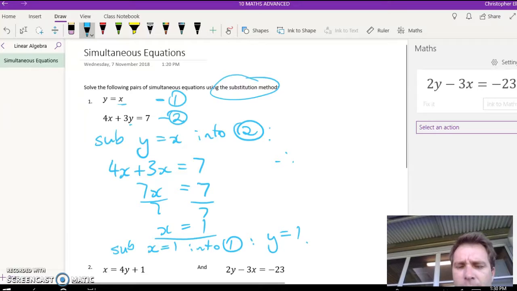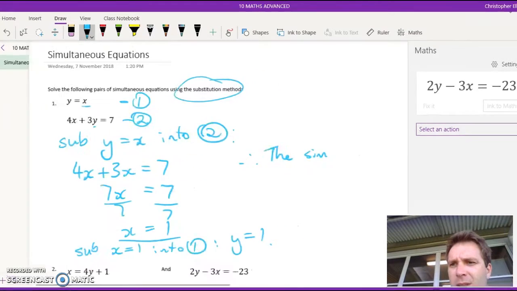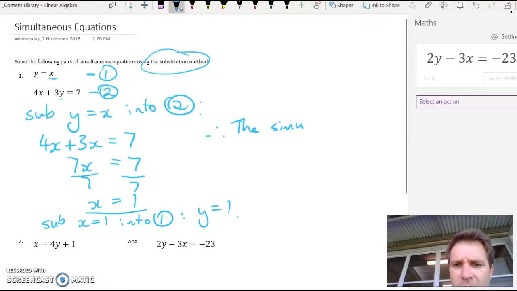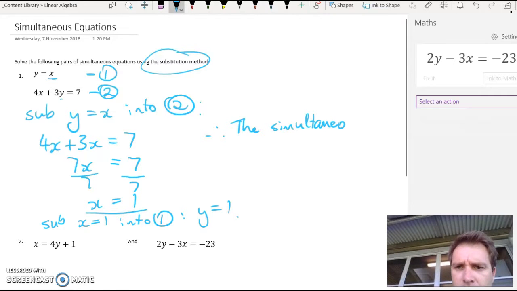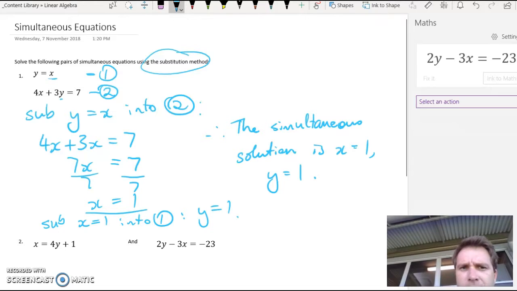So you say, therefore, the simultaneous solution is x equals 1 and y equals 1.